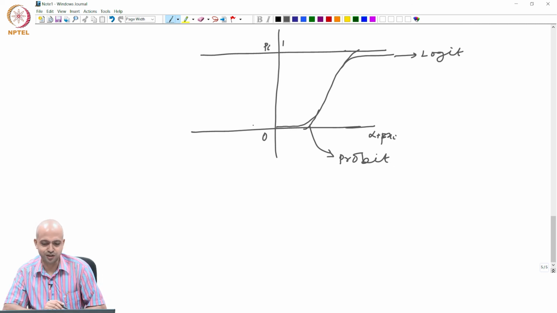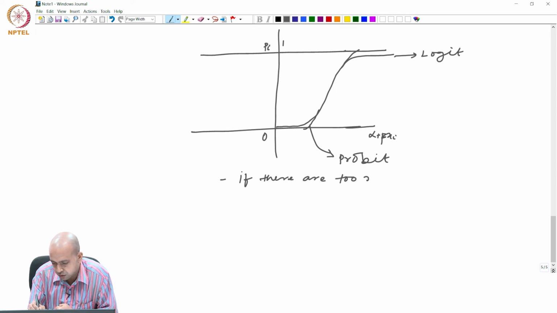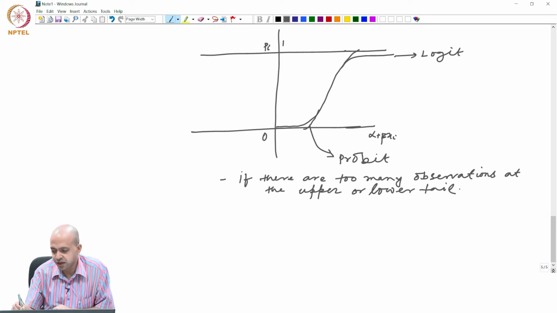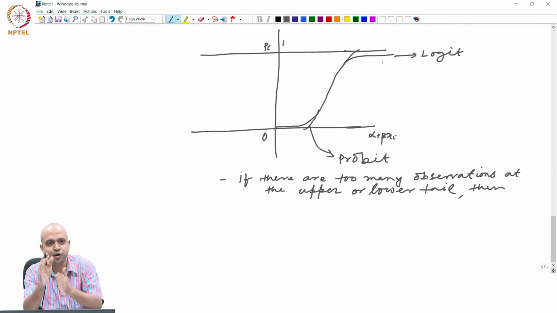Okay. What does it mean? That means if there are too many observations at the upper or lower tail, then from the diagram itself it is very clear that logit is a better representation of that sigmoid S-shaped nonlinear relationship than the probit, because probit is a little short.